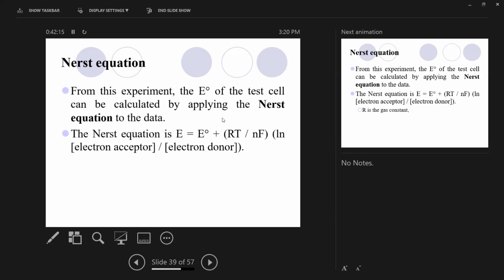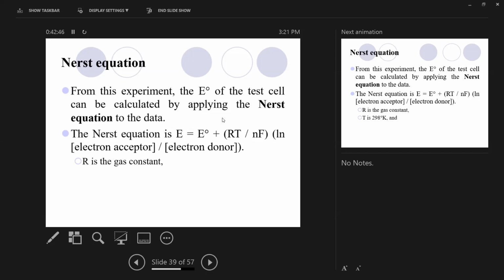You have the reduction potential equals the standard reduction potential plus the universal gas constant times temperature in Kelvin, divided by number of electrons times Faraday constant, times the natural log of the concentration of the electron acceptor divided by the concentration of the electron donor.